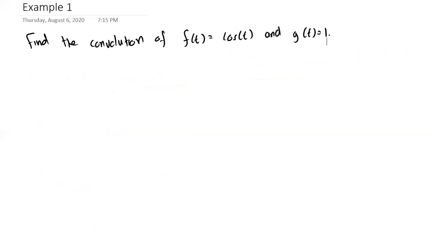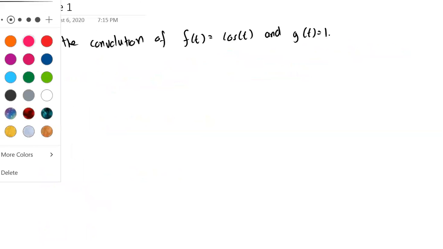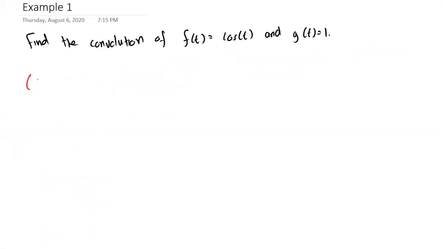So find the convolution of f of t equal to cosine t and g of t equal to 1. Let me write it in terms of the star operation: we're trying to find cosine of t star 1. What is this equal to? This is an example of why this is not the same as multiplication.